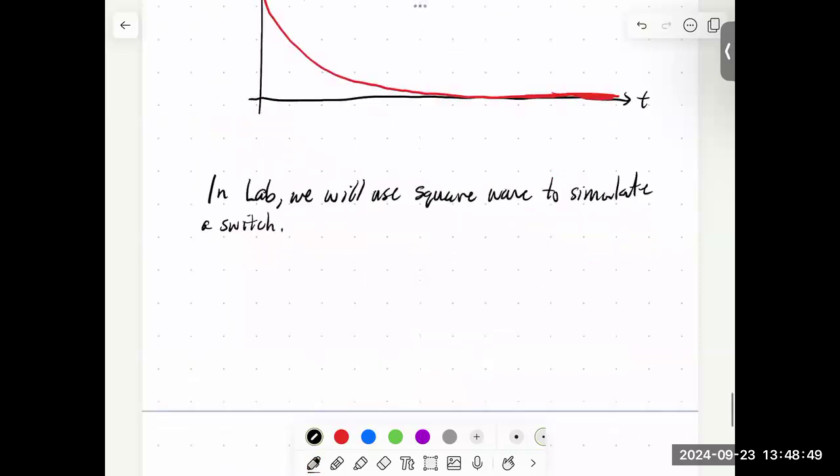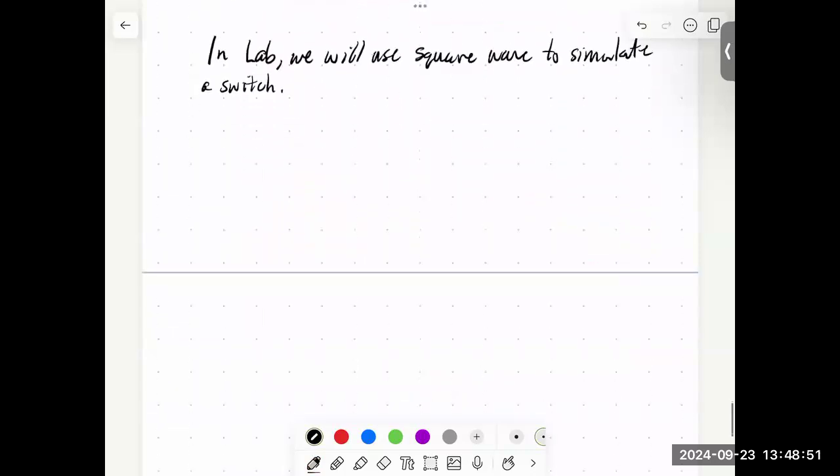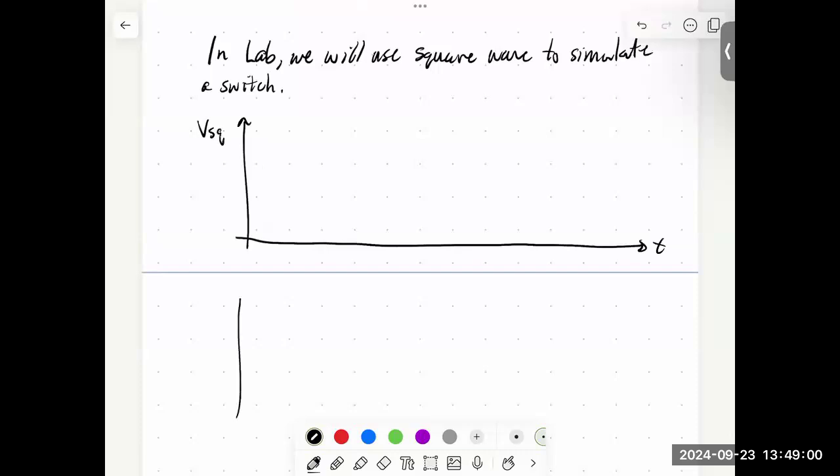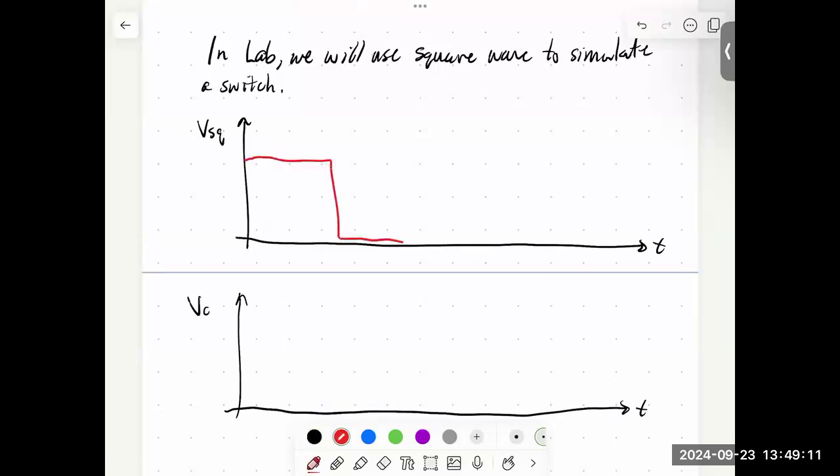Let me plot for you what that would look like. Here is time, and this is the output of the square wave generator. Then we'll plot over here the corresponding voltage of our capacitor. Our square wave is going to go positive, to 0, positive, to 0, and so on.